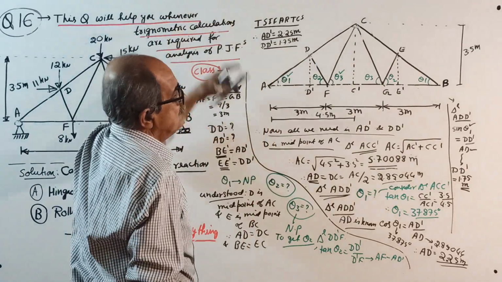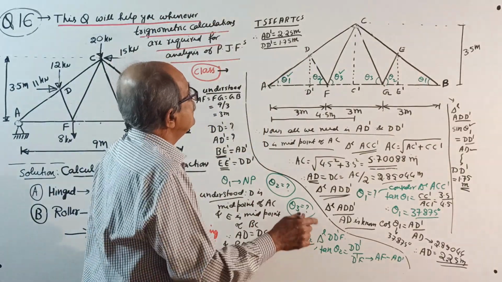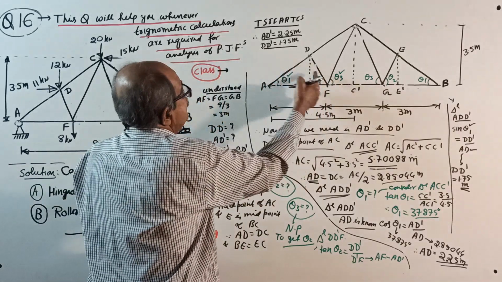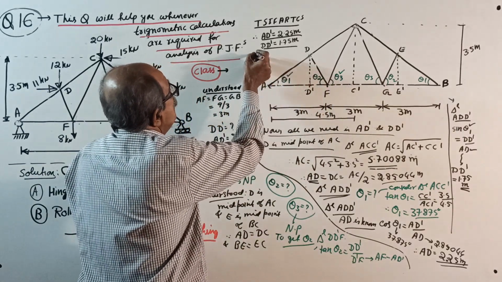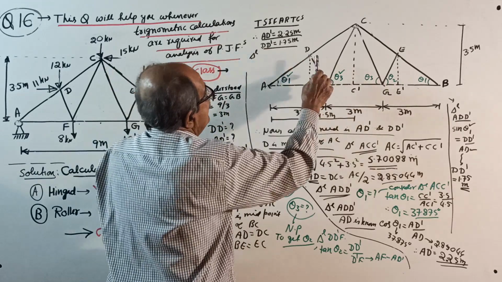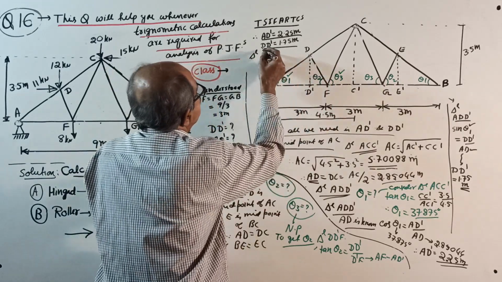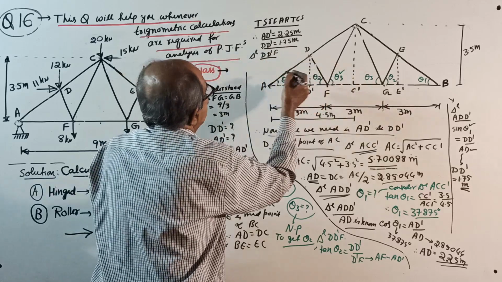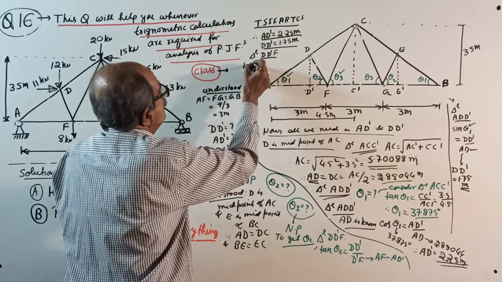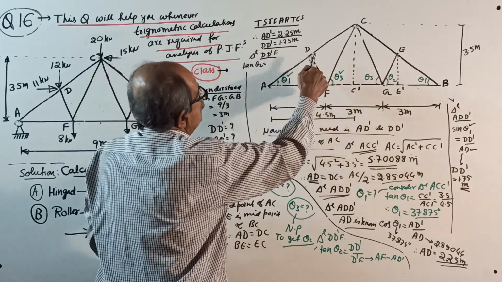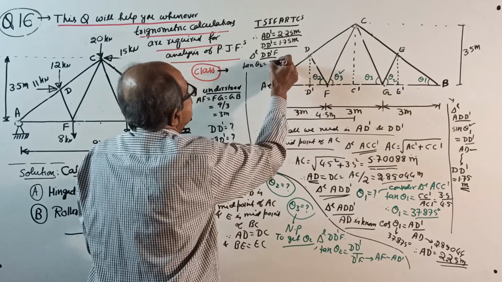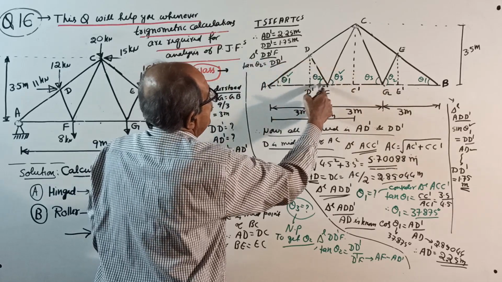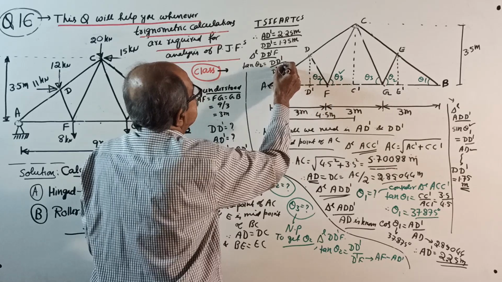Now I can find the reactions, and also now I can find theta 2. Now consider triangle D dash F to get theta 2. Tan theta 2 equal to DD dash divided by D dash F.